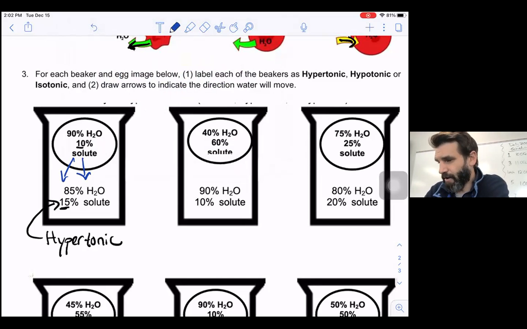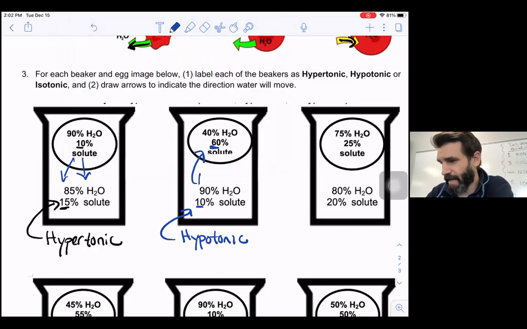In this one, we have 10% solute versus 60% inside the egg. So this is hypotonic, again, lower solute. And in this case, water, H2O, is going to be flowing in.